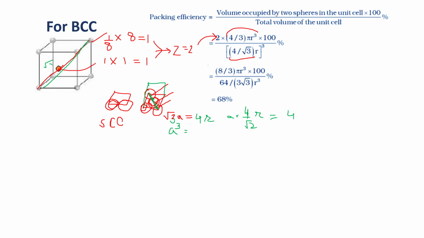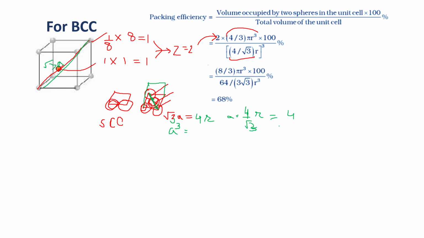The diagonal distance between the two opposite corners of the cube is under root 3a, and that's how it comes out: under root 3a is equal to 4r. So a will be 4r over under root 3.